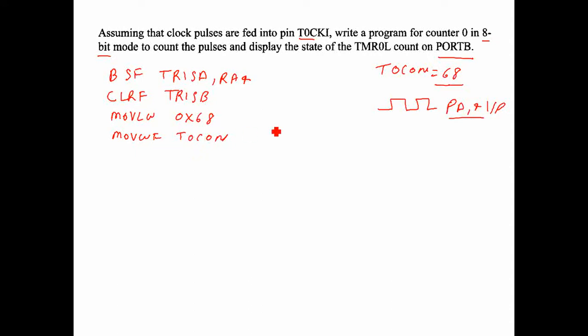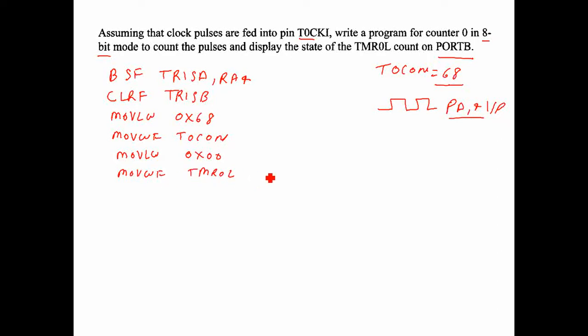Then we have to feed the initial value to TMR0L, since it is 8-bit and it has to give us the pulses. Since it has to give us the pulses, we have to clear the TMR0L flag. So we make TMR0L as 0 by sending a value 0 to the working register first, and then we send this value to TMR0L.